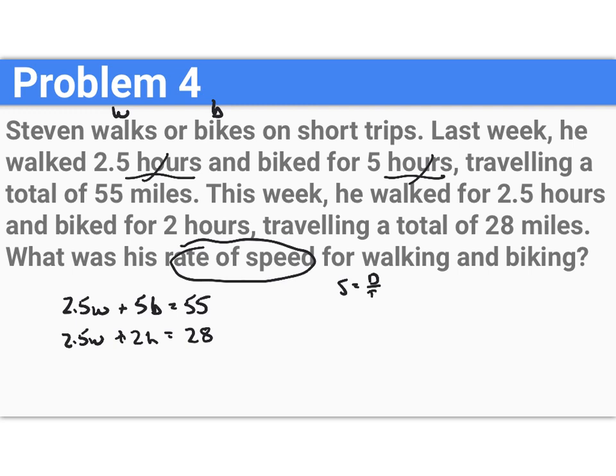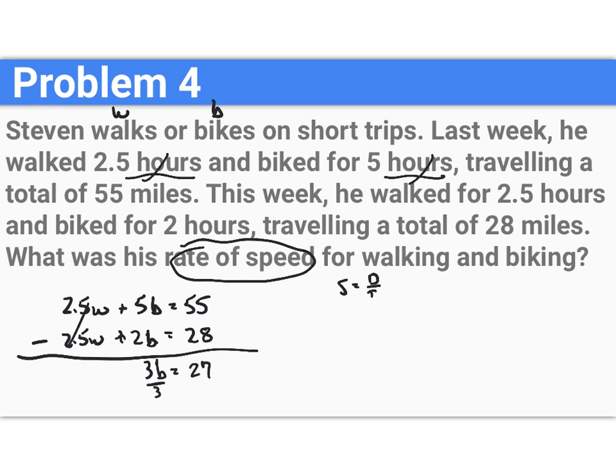And let's solve these. So we're going to subtract because they had the same. So the walking will cancel out, and you get 5 minus 2 gives us 3 biked. 55 minus 28 is 27.